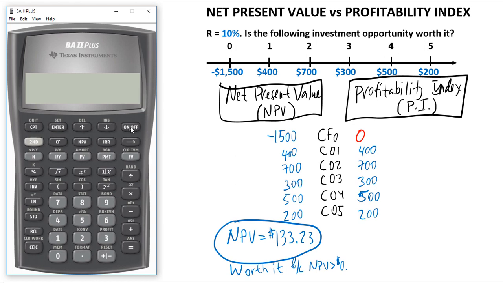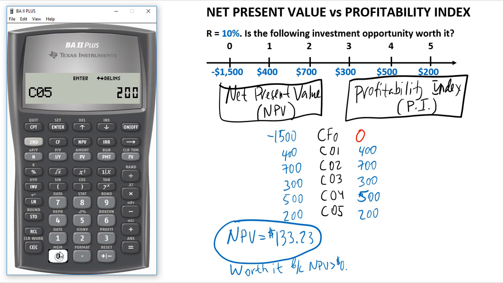Okay, let's reset and start all over again. Cash flow button. Cash flow 0, we want to keep it at 0. I press enter, down. And then just like before, I press all my future cash flows one by one, leaving their frequencies at 1. 400, enter, down, down. 700, enter, down, down. 300, enter, down, down. 500, enter, down, down.